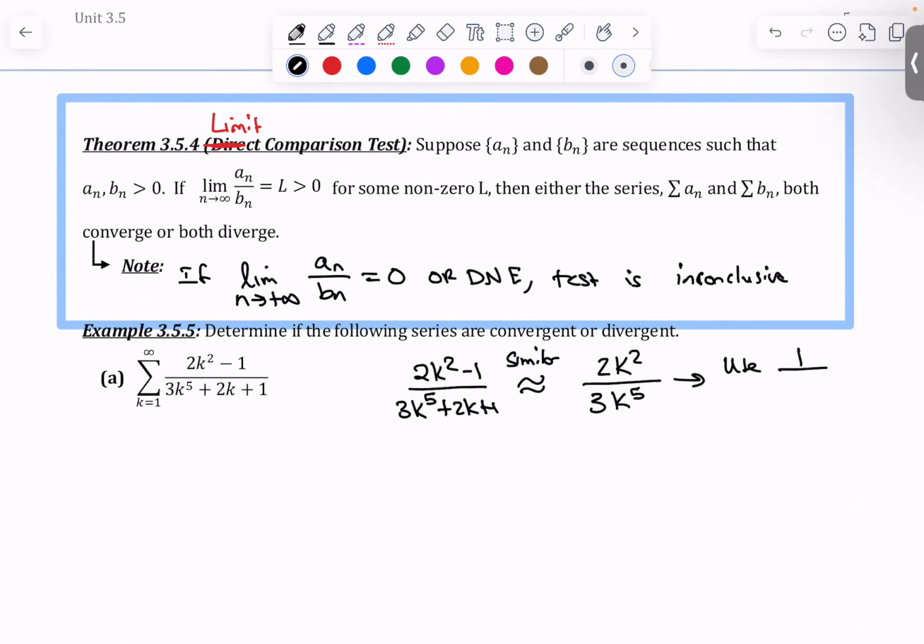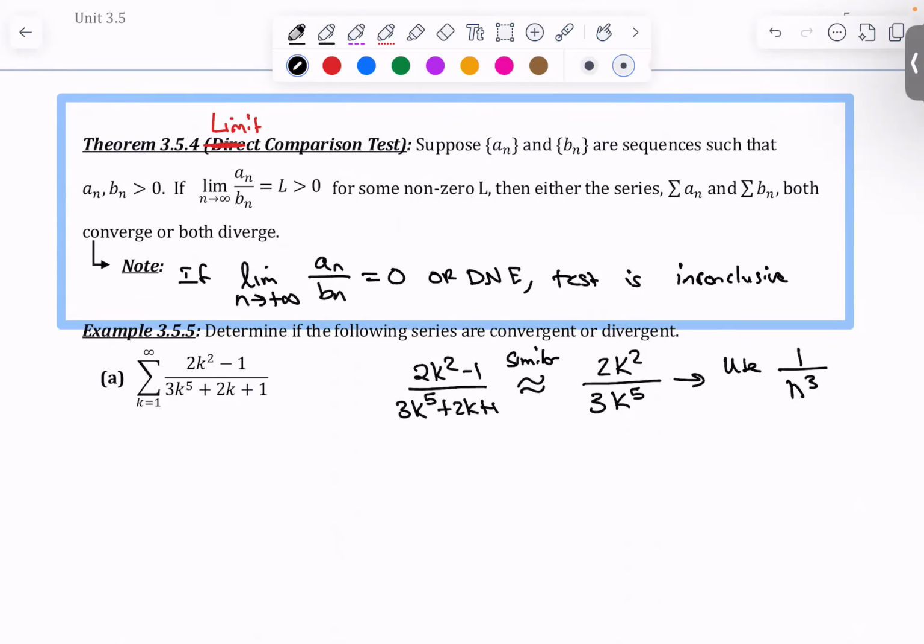Use 1 over n cubed. So we should always try in the back of our head to use the divergence test. But because the denominator has a larger degree, it'll go to infinity faster, meaning this limit will go to 0. So the divergence test doesn't work for us, and we have to move on to different ones. Looking at this one, I'm seeing the ratio between the numerator and the denominator.